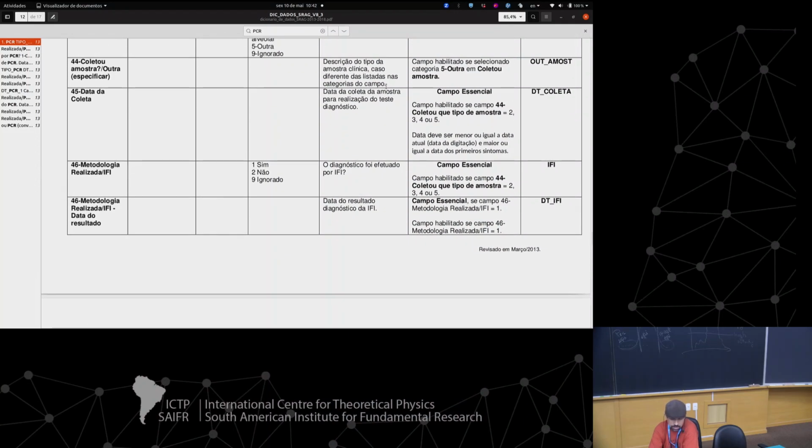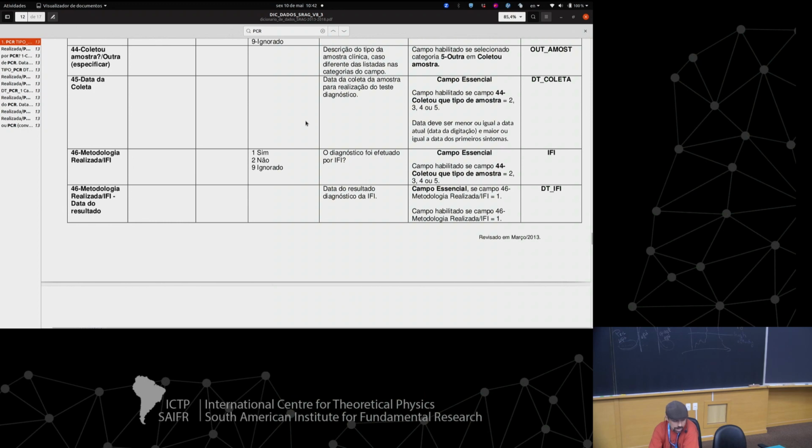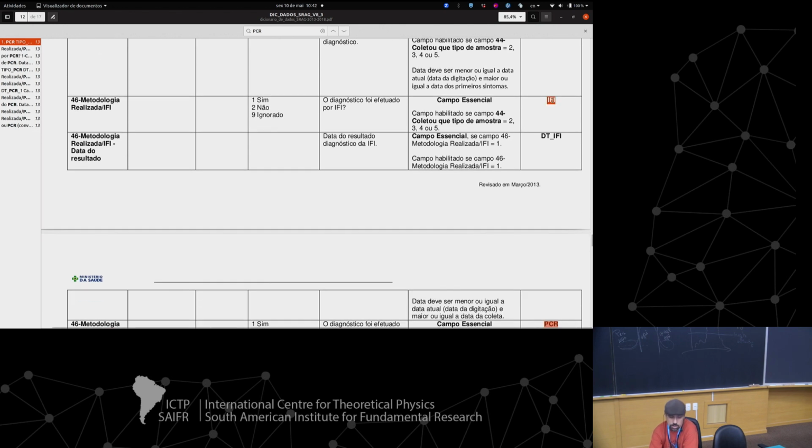Before 2018, we had a lot of cases that were tested by immunofluorescence testing, not PCR. So some cases might have a lab result by what is called here IFI, which is immunofluorescence. Okay?